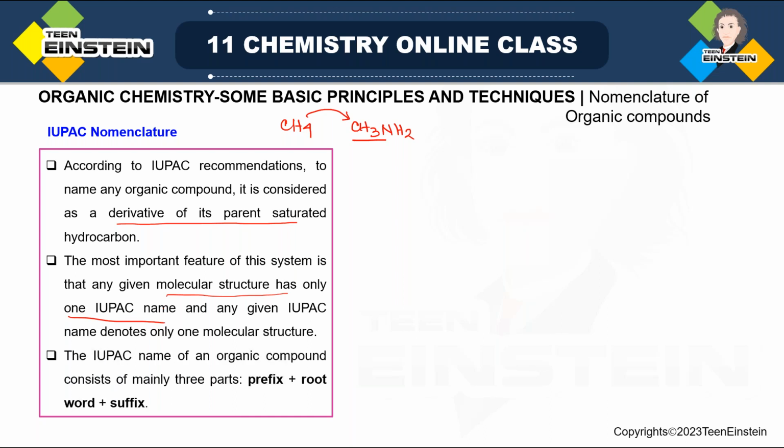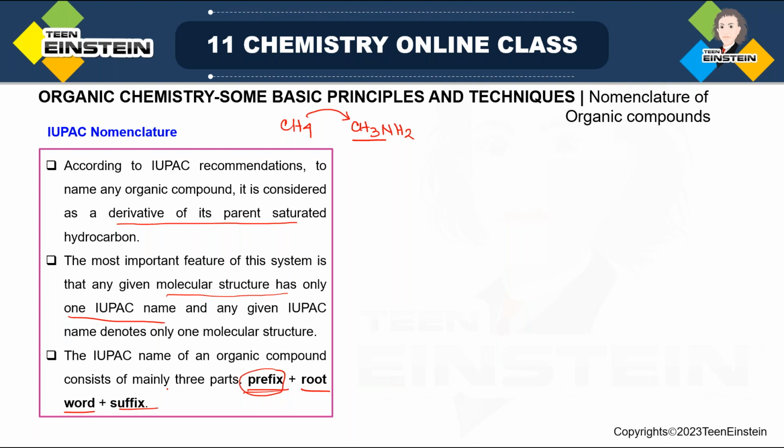Fine. The IUPAC name of an organic compound, how will we start? Remember, there will be a prefix. The term itself means something which comes before. If you consider the middle point as the root word, then what comes before the root word is the prefix, and the terms that come after the root word we call suffixes.